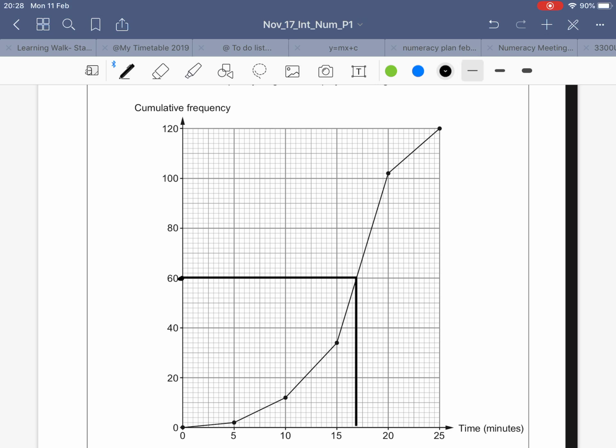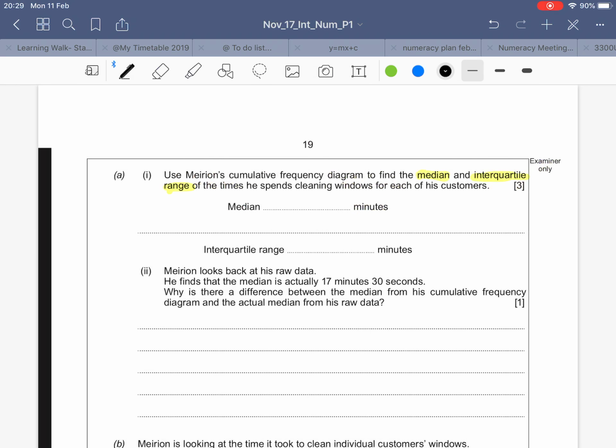And we can see that for the median, that piece of information comes out as being not 15, not 16, but 17 minutes, pardon me. So median, 17 minutes, halfway up the cumulative frequency.